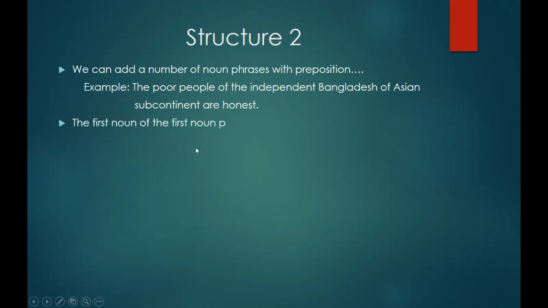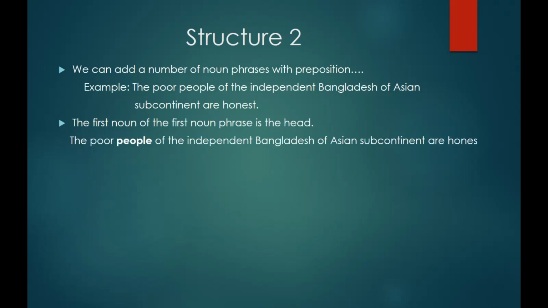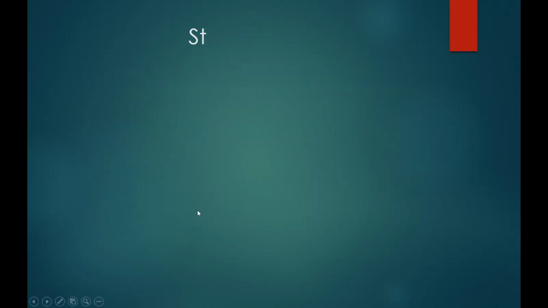The first noun of the first noun phrase is the head. That is, the poor people is the first noun phrase and people is the first noun. So people here works as the head, and that's why we have plural verb are. The poor people of the independent Bangladesh of Asian subcontinent are honest. So people is the head word here.